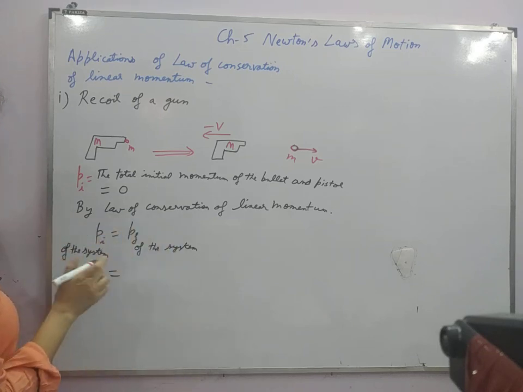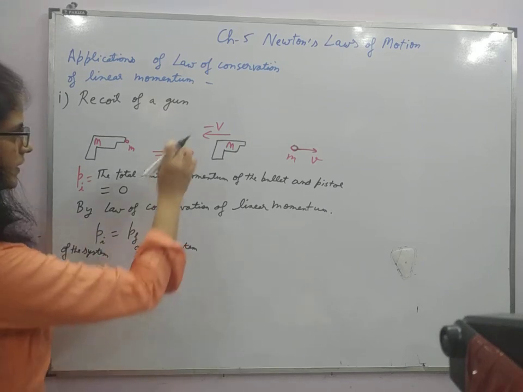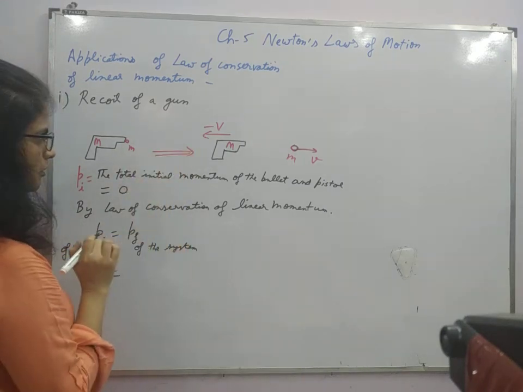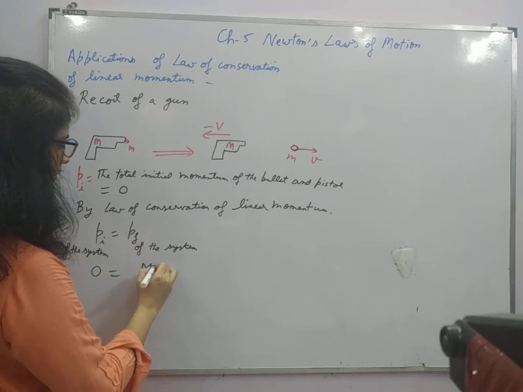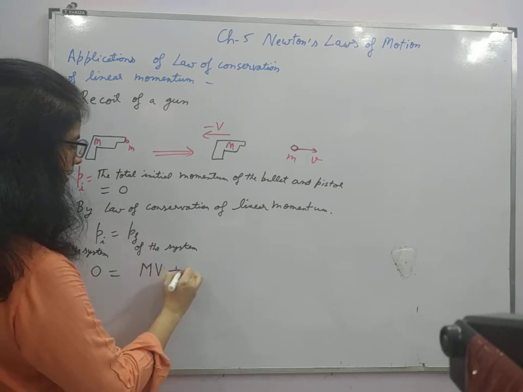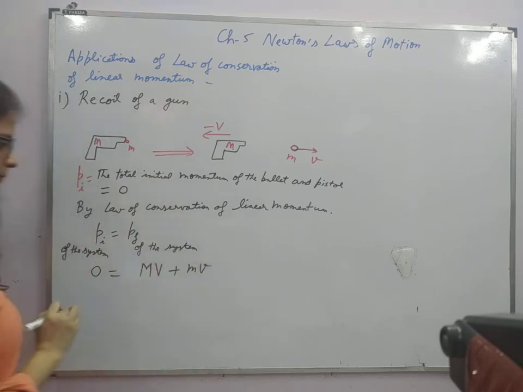The final momentum of the system means the final momentum of the bullet plus the final momentum of the pistol. If we talk about the magnitude, it is capital M into capital V plus small m into small v.